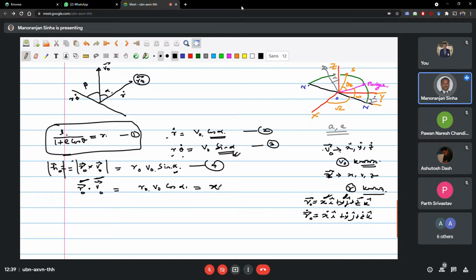So therefore following this we can write this as x0 x0 dot plus y0 y0 dot plus z0 z0 dot. From this place we have cos alpha equal to x0 x0 dot plus y0 y0 dot plus z0 z0 dot, divided by R0 V0.